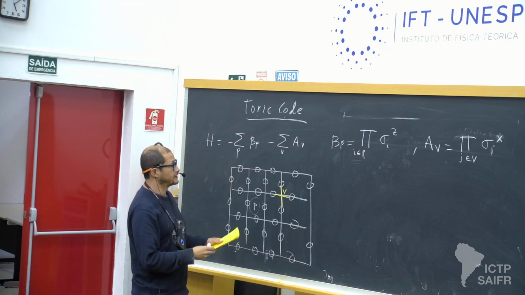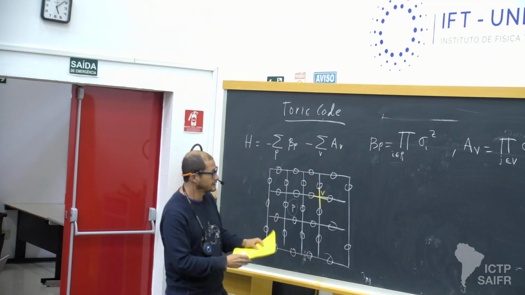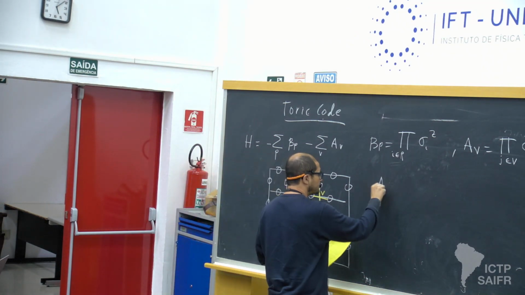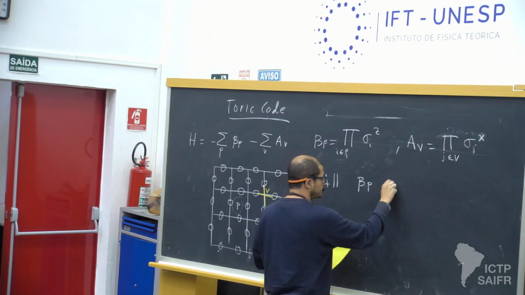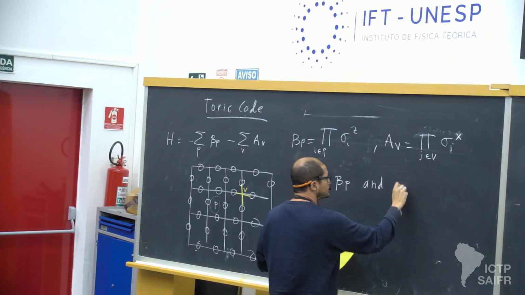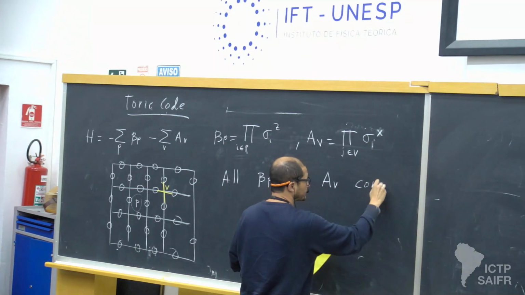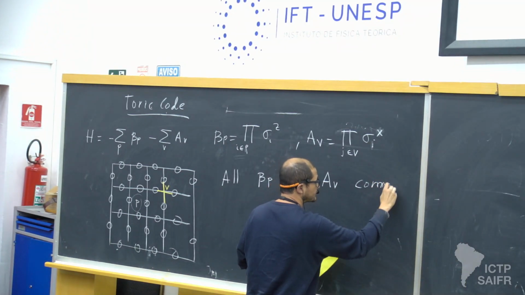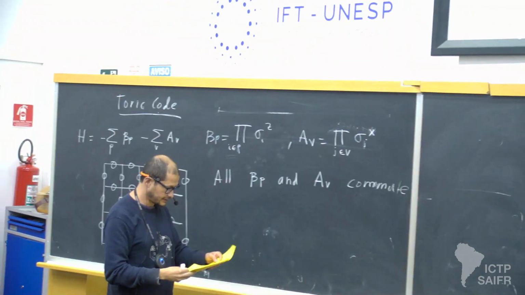So a couple of observations. This Hamiltonian has a very special structure in that all the B_P and A_V commute. Okay, that's important.